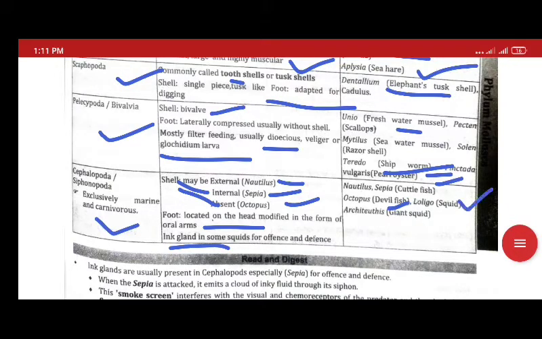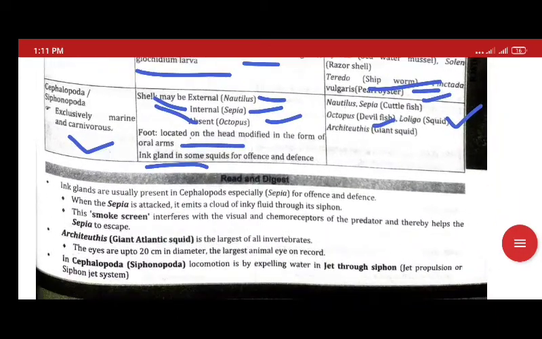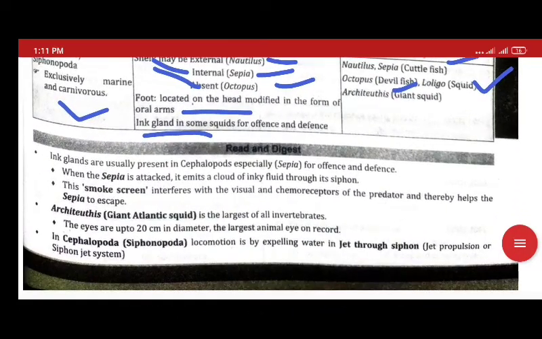Now Loligo, the squid. Now read and digest. Here the ink gland is present in cephalopods, especially Sepia, for offense and defense in phylum Cephalopoda, you should remember. Now a smoke screen is used by the Sepia.